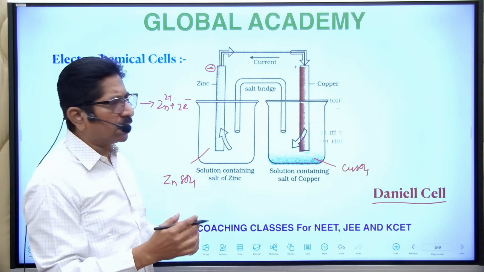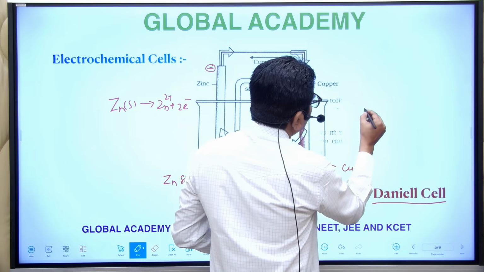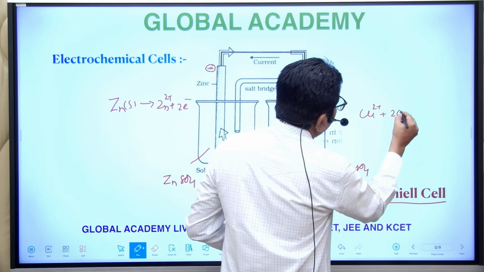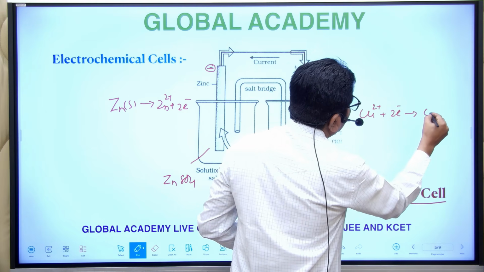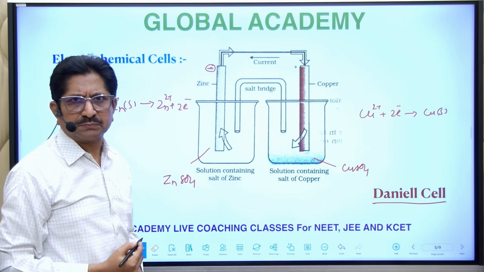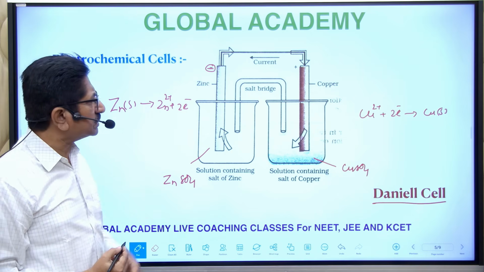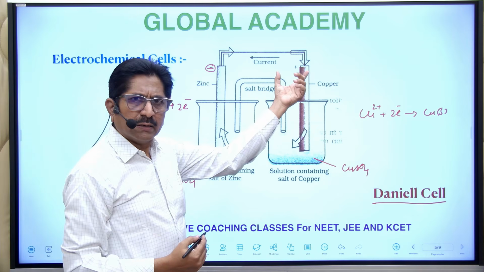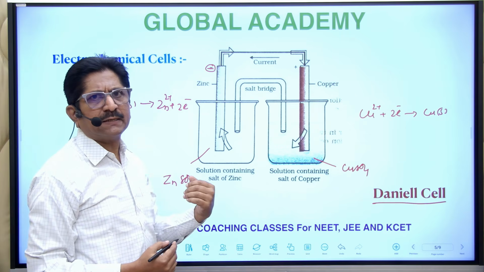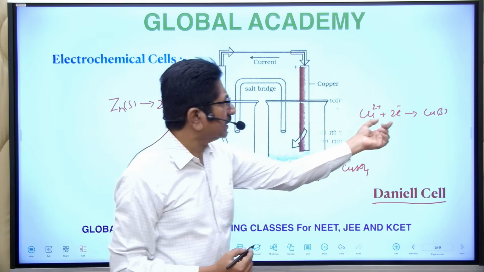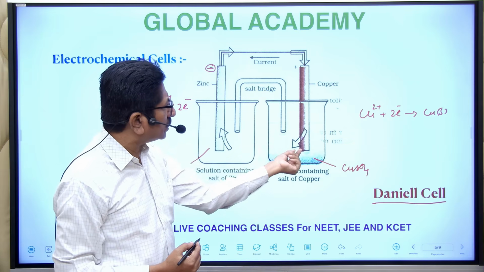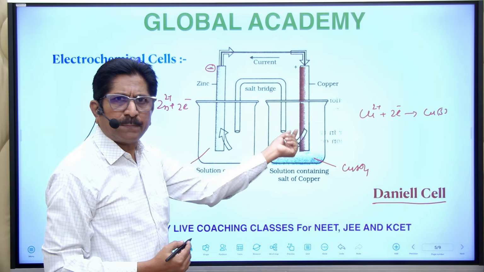At the copper rod, what happens? The copper ions, Cu2+, take these two electrons and become copper, and this is called reduction. The electrons are used up or gained by the copper ions and become copper, and this copper is slowly deposited on the copper rod.